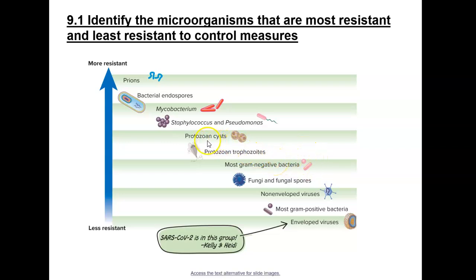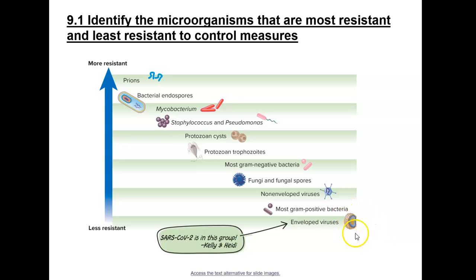Remember, some protozoans can make cysts, and they're not quite as tough as endospores, but they're a little bit tougher than some bacteria. Way down here, viruses are a little more sensitive to microbial control, and enveloped viruses are more sensitive than non-enveloped viruses. They put a note here, SARS-CoV-2 is in this group.